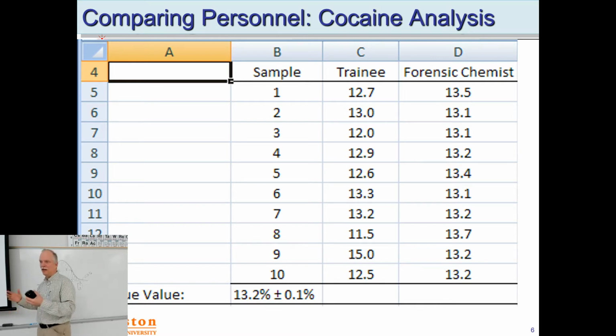It's sort of just a gut feeling at this point, though. It's really not been shown statistically to be true. But because we have some below 13 and some above 13, it looks like the trainee might be hovering around the true value or the accepted value. So now let's dive in and let's calculate some statistical parameters for these.